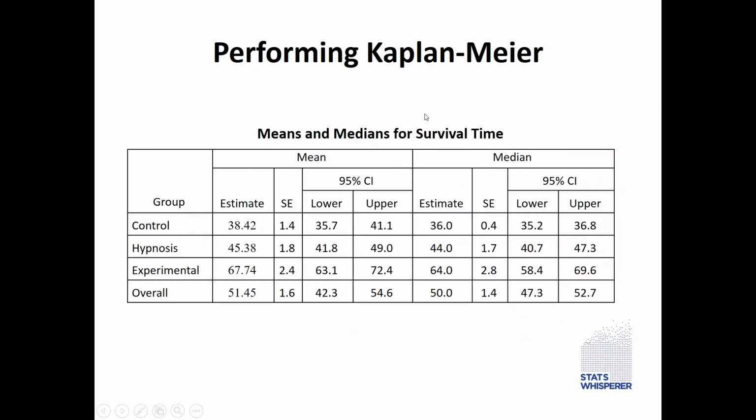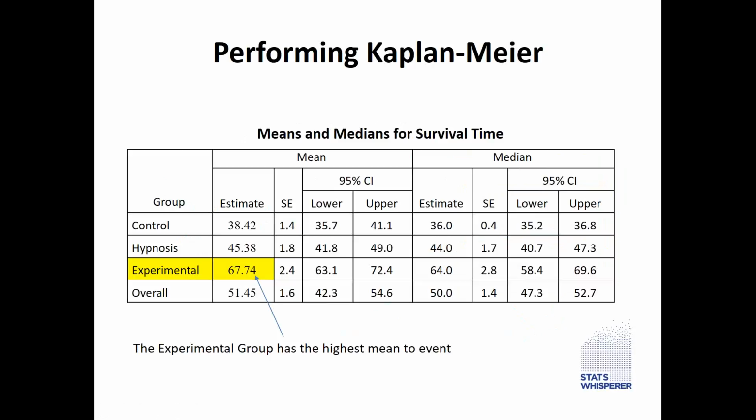Right, and we can also look at the mean and medians for the survival time. Okay, so we know there's a significant difference, but who held off on smoking the longest? The experimental group has the highest mean time to the event. That means their average time to event was 67.74 weeks, so almost 68 weeks.